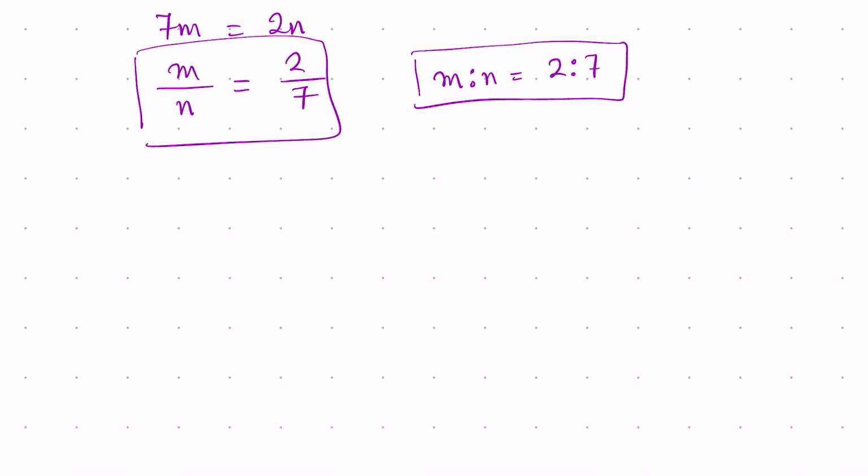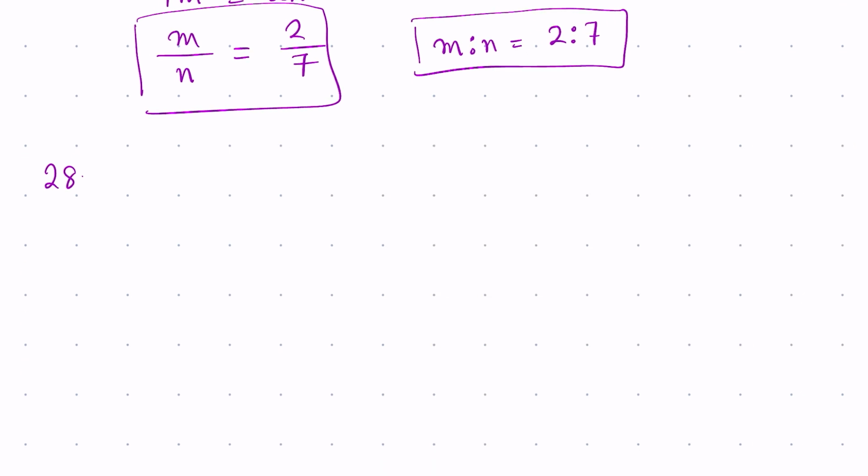So now we move on to question number 28. The expression might look scary, but remember that all of those are actually standard angles. So you just need to plug in the values and then you're done.